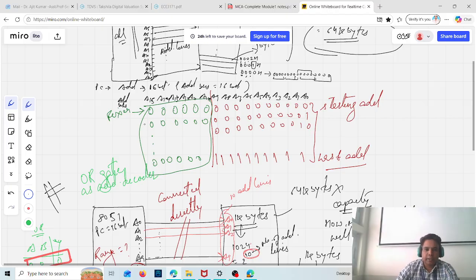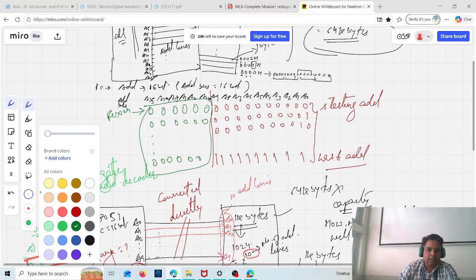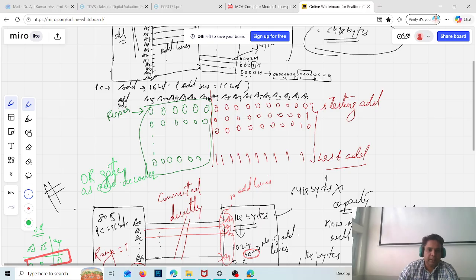Now when you are calculating the complete address, you will have to see the whole A0 to A12. The starting address, you can see, is 0000 in hexadecimal.